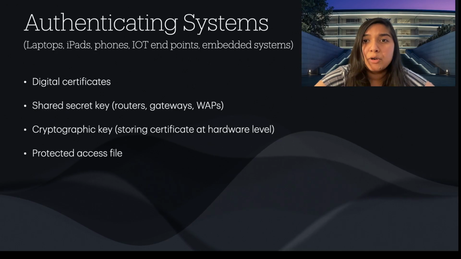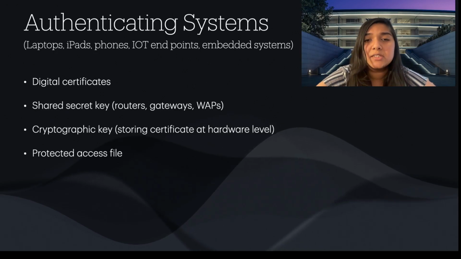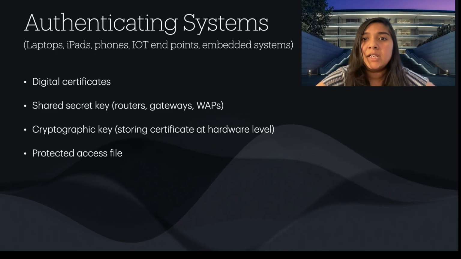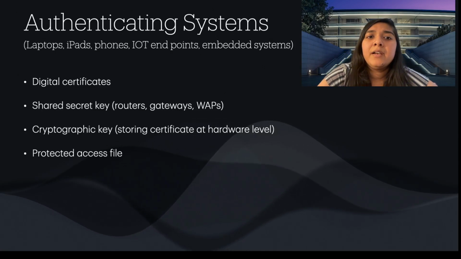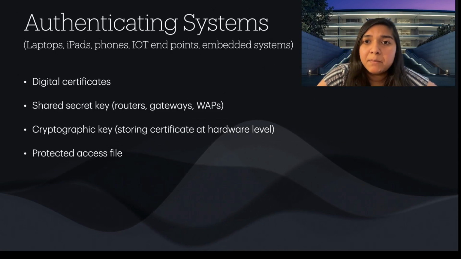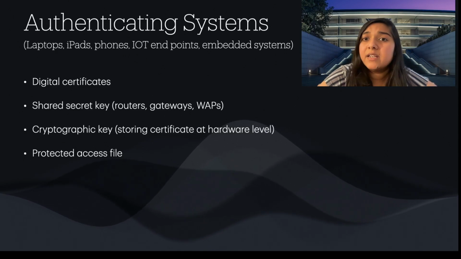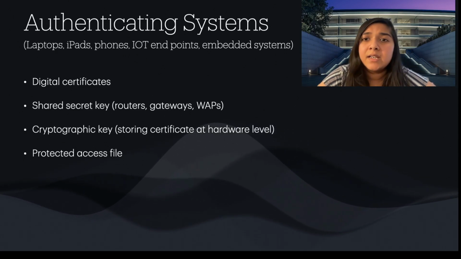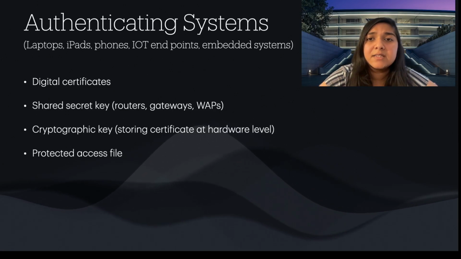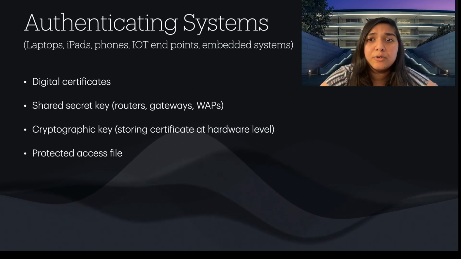For cryptographic keys, we need two components. We need a public key and we need a private key. What I mean here is that you encrypt something with a public key and then you decrypt it using a private key. For example, let's say you send a confidential email to a friend.